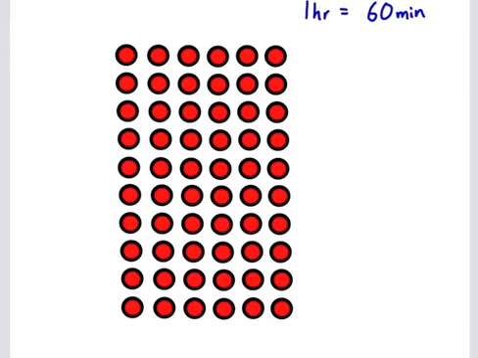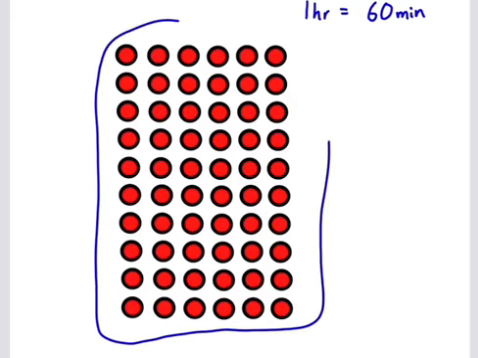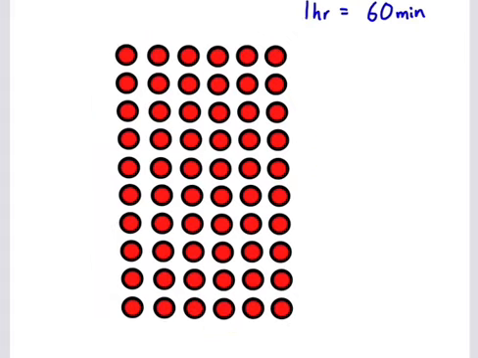60 can be broken up into lots of fractions. So, what I've drawn here is an array of the number 60. We know it's 60 because it is 6 by 10. That is 60 minutes. Now, we can do a lot of things with 60 minutes. For example, we can cut it in half.